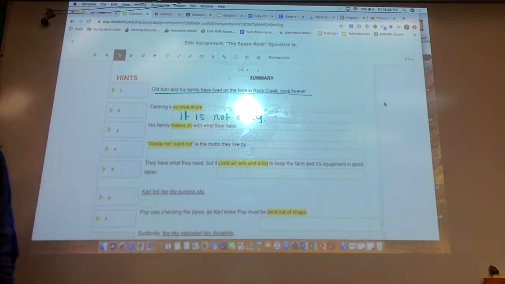Wait, no, I forgot what I was going to say. It's okay. Keep thinking. Noah? Maybe they use food. They have food because they live on a farm. Mm-hmm. But maybe they eat it and don't use money, really just for taxes. Okay. I see where you're going, Thomas. When they say they make do with what they have, it kind of is saying that maybe they don't have a lot, but they try to use what they already have.